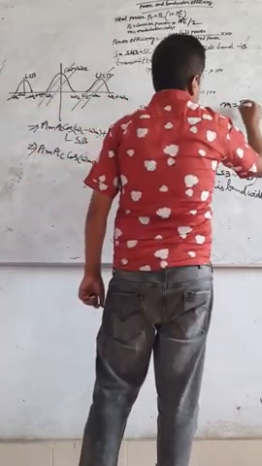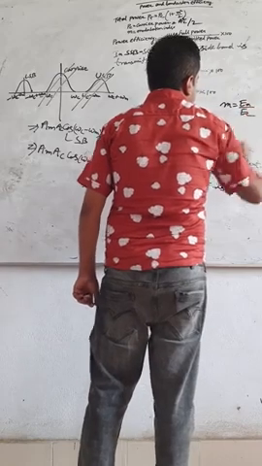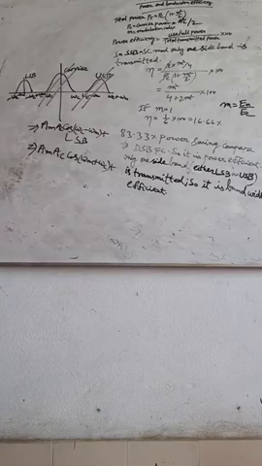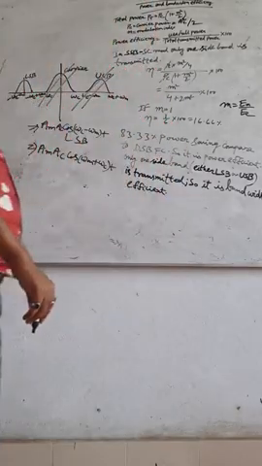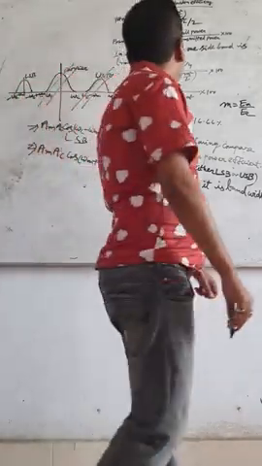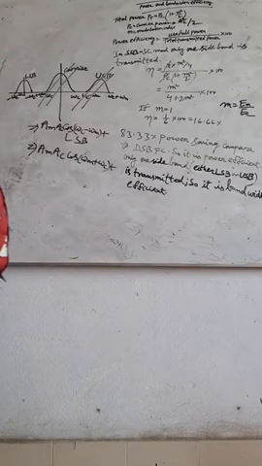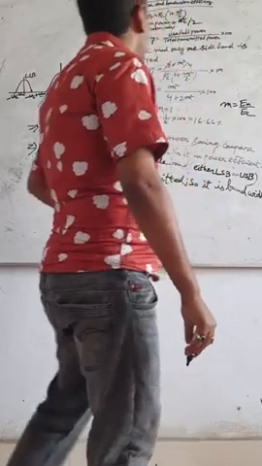M is equal to EM by EC, maximum modulating signal amplitude by maximum carrier signal amplitude. Now power efficiency is useful power by total transmitted power into 100. This is called power efficiency.